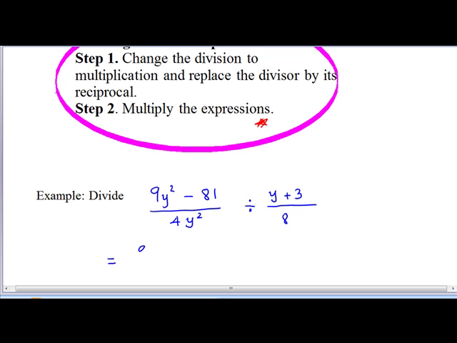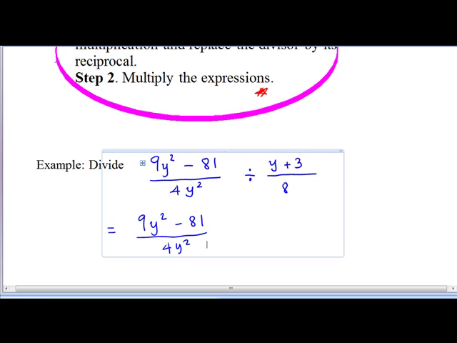Take this problem right here. You copy the first expression down, and then this division here turns to multiplication. Then take the reciprocal of this, which is 8 over y plus 3. It's the same thing when you divide real numbers.